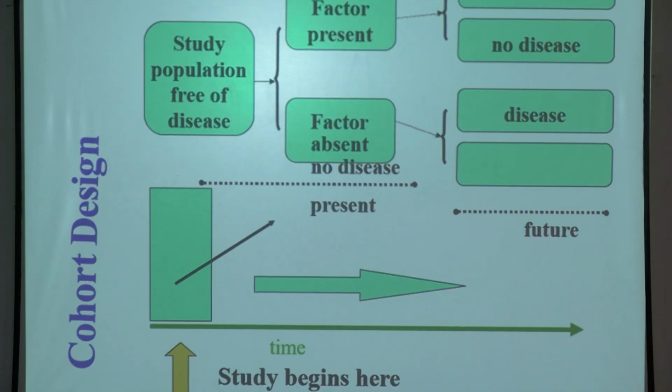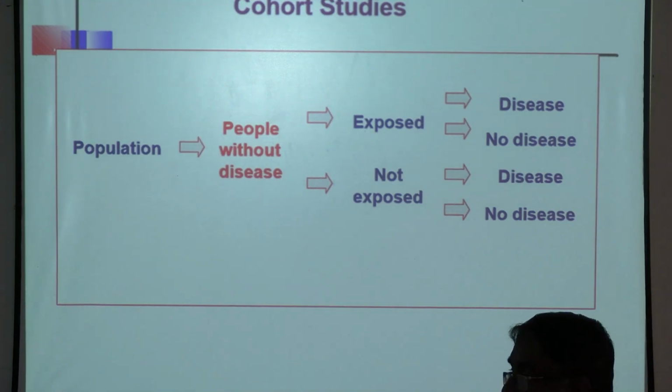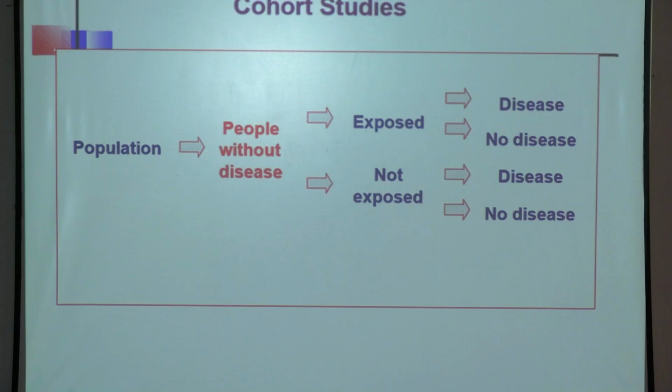The study begins there, and you are moving forward in time. So the core population is population without disease. Some of them are exposed to the risk factor, some are not. Some of them get the disease, some don't. Basically this is the structure of a cohort study.